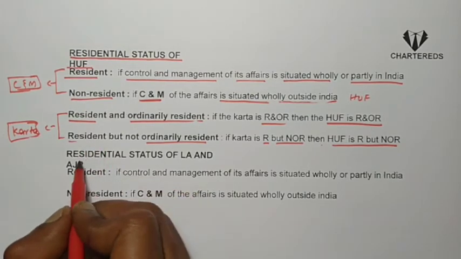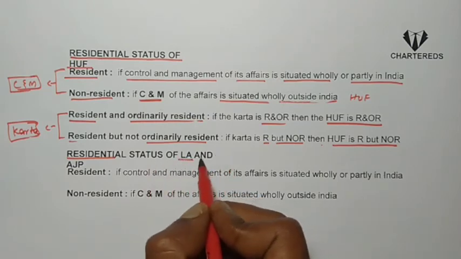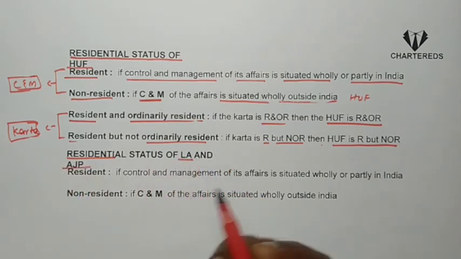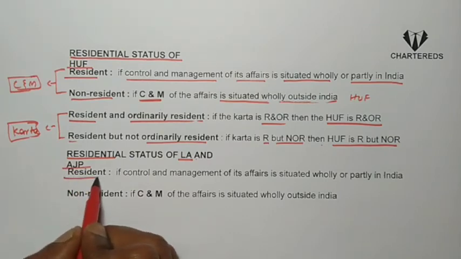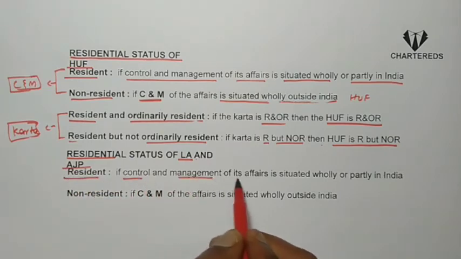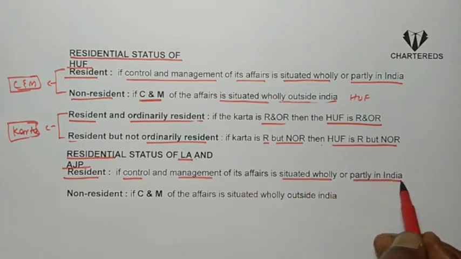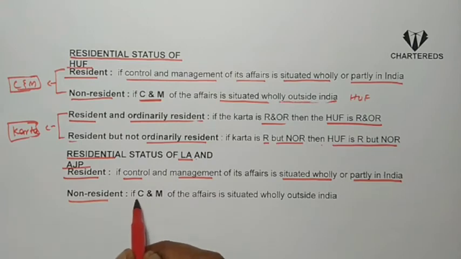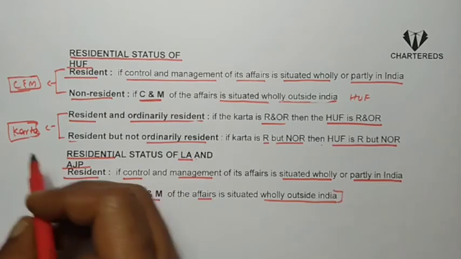Next we have residential status of local authority and artificial juridical person. Resident if control and management of its affairs is situated wholly or partly in India. Non-resident if control and management of affairs is situated wholly outside India, same as HUF.